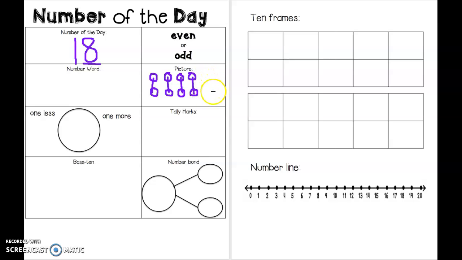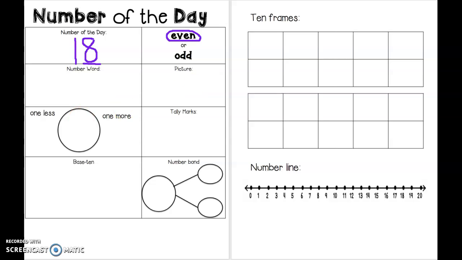There's no oddballs. So I could count by twos, couldn't I? 2, 4, 6, 8. So that tells me that it is what? Even. If you said even, you're right, because there are no oddballs over to the side. So we know that the number 18 is even.